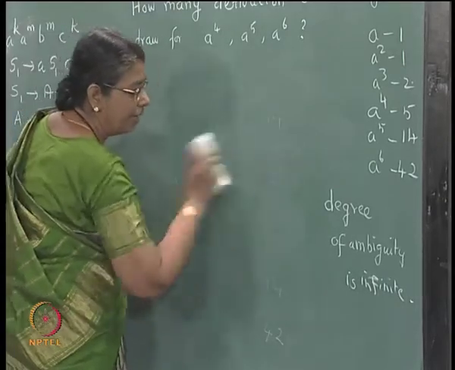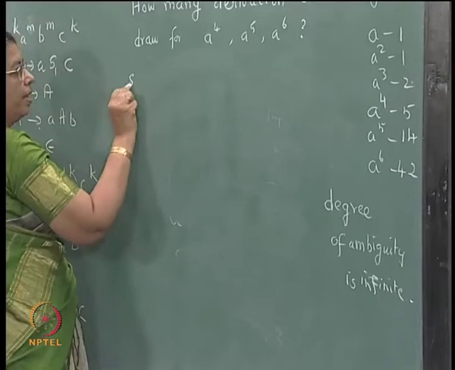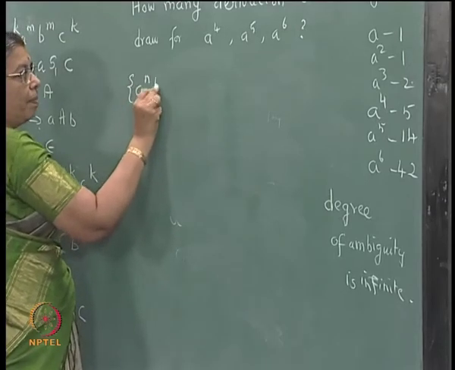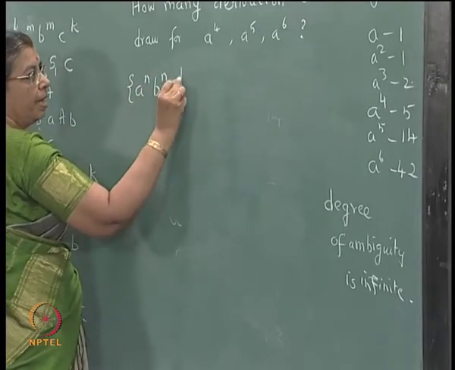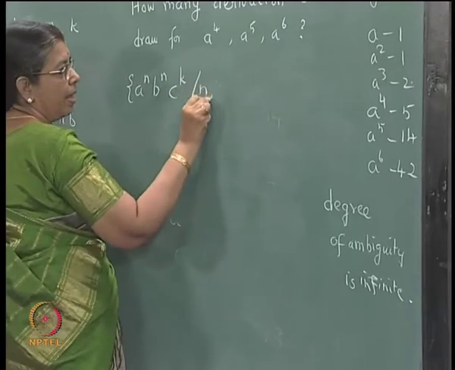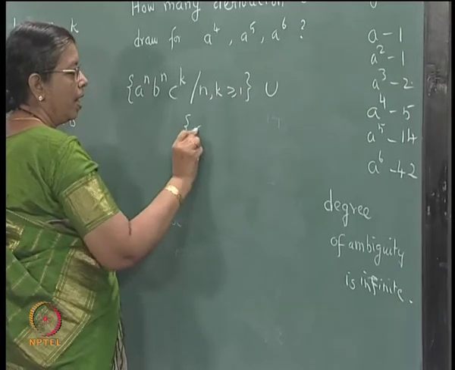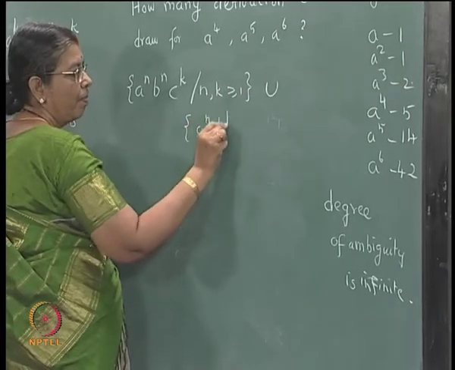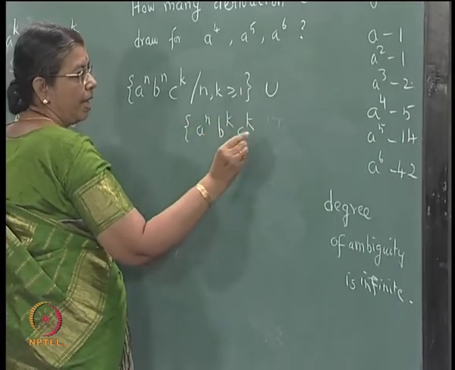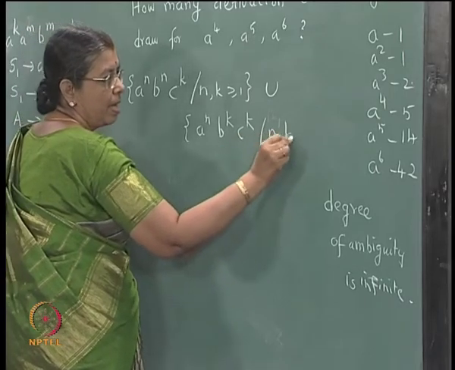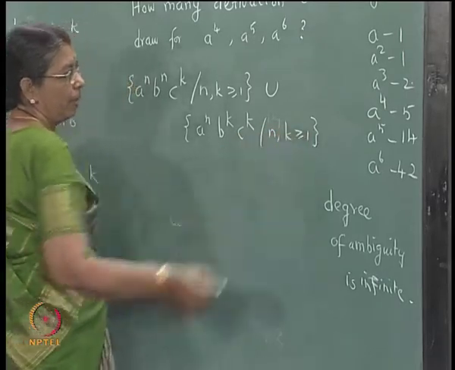Now, we will consider another language, a power n b power n c power k, n, k greater than or equal to 1, union a power n b power k c power k, n, k greater than or equal to 1.